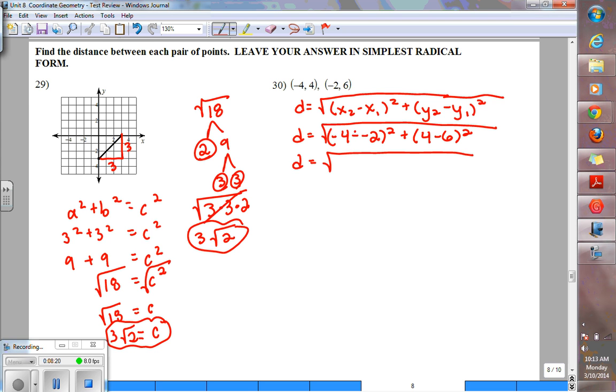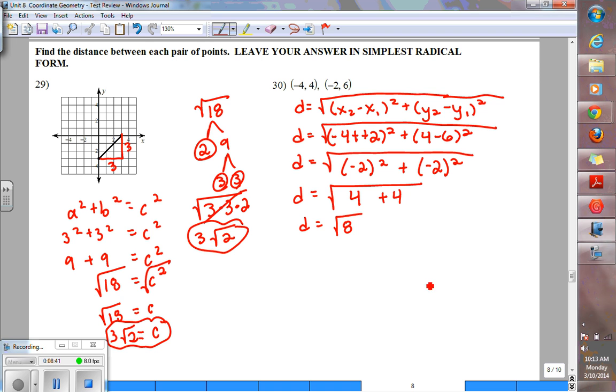And the minus and negative becomes plus, so it's negative 4 plus 2, which gives me negative 2. 4 minus 6 gives me a negative 2 as well. I have to square those. Negative 2 squared is 4. So 4 plus 4 is 8. So we've got the square root of 8.